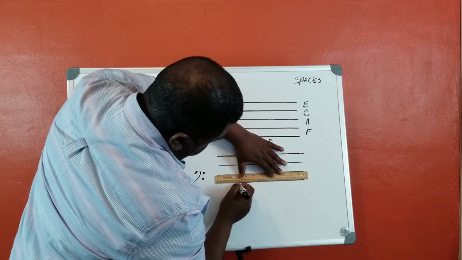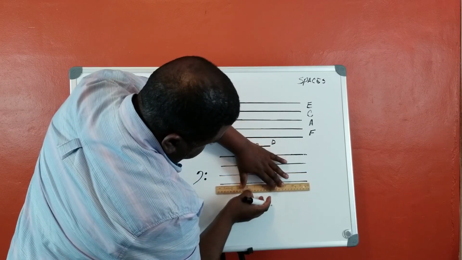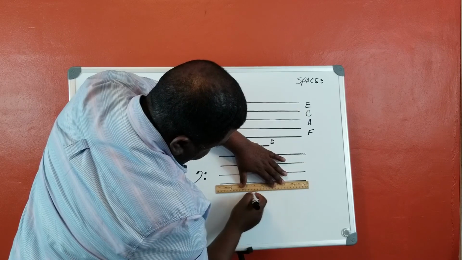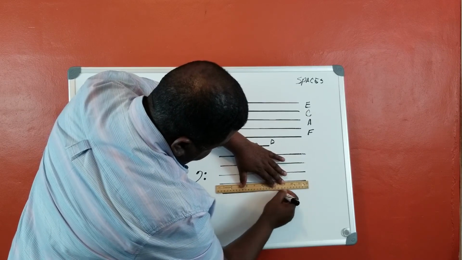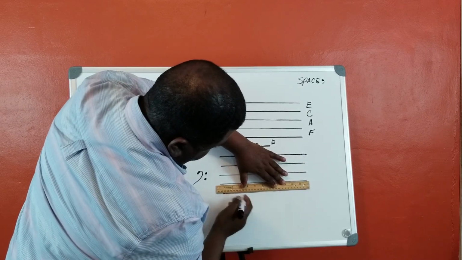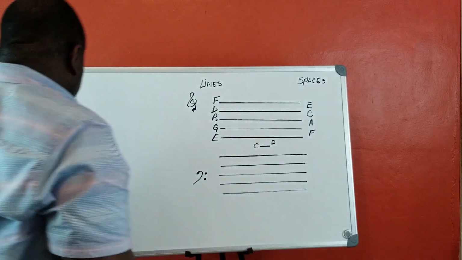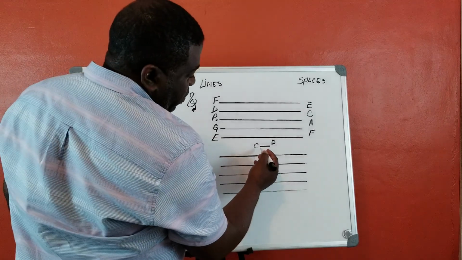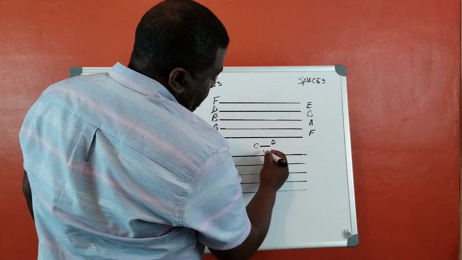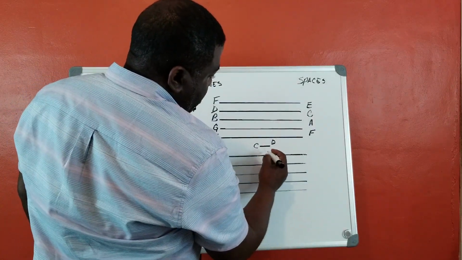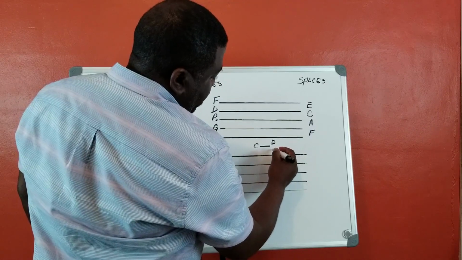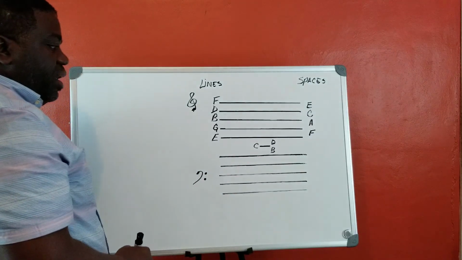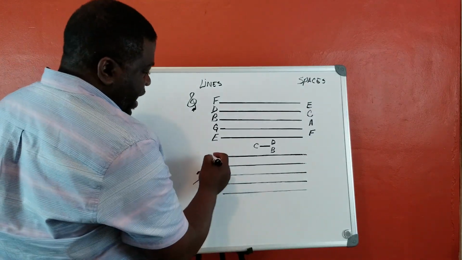And of course, what comes before C is B. All right, this is going to be a B space here. Now going down to the lines, this is an A.